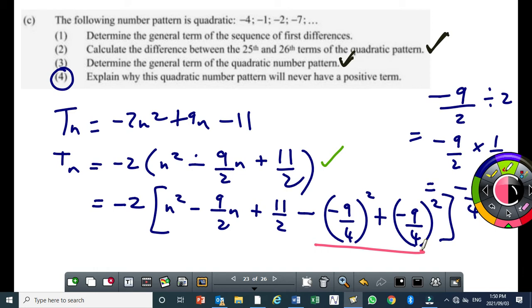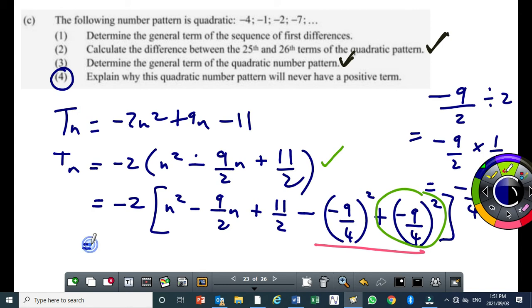So I have added and subtracted the square of half of the coefficient of n. The reason why we have to do this is to create a perfect square trinomial. So this term, I need this. When I remove the brackets, I'll end up getting this.